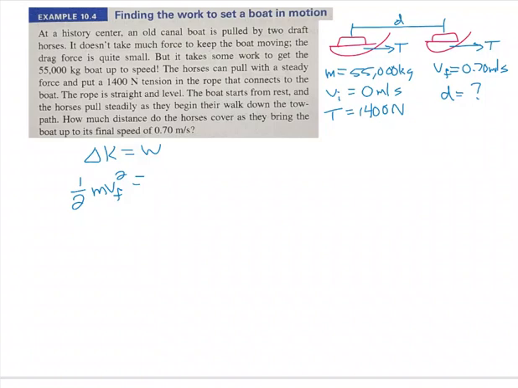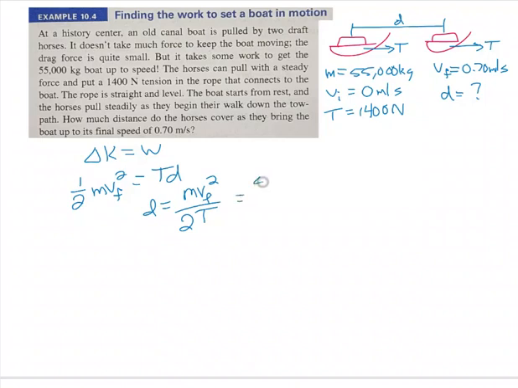So T in this case, times the distance. So solve for distance, right? We'll divide both sides by T. So the 2 is in the denominator, the T will be in the denominator. So we have D equals m VF squared over 2T. Okay, now we can just plug everything in.